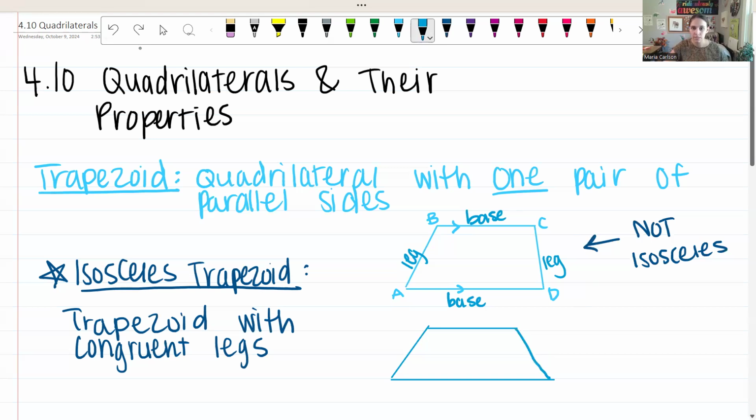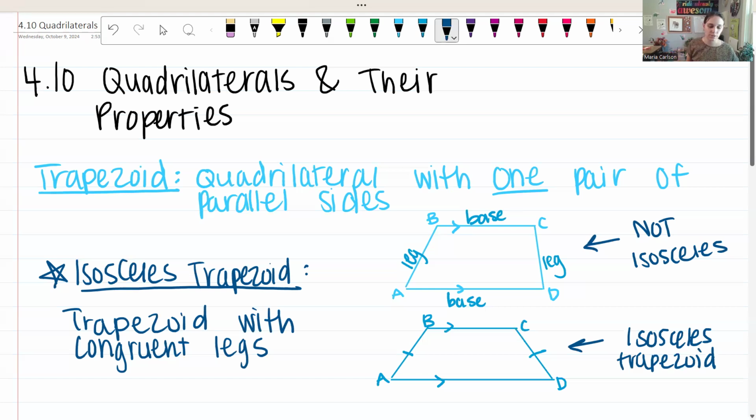This is going to be an isosceles trapezoid here, A, B, C, D. The two bases are still parallel, but now the legs, AB and CD, are congruent. So this is an isosceles trapezoid because those two legs, AB and CD, are congruent.